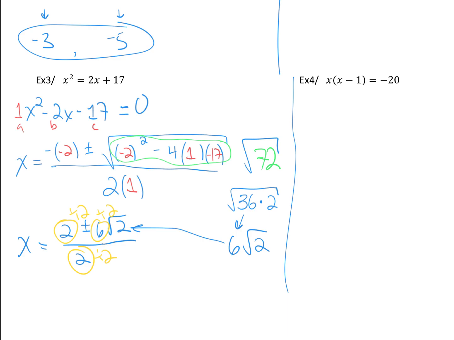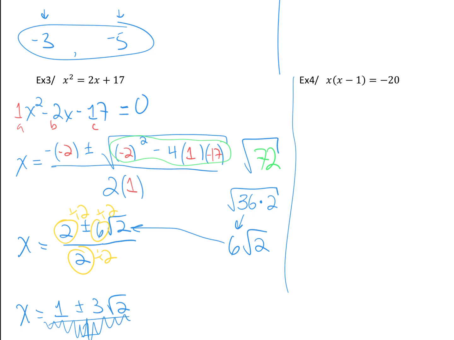Divide them all by 2. So that will leave you with a 1 plus or minus 3 root 2. And all of this would be over 1, and you can write that down if you want. It's not wrong, but I would prefer you didn't write that.